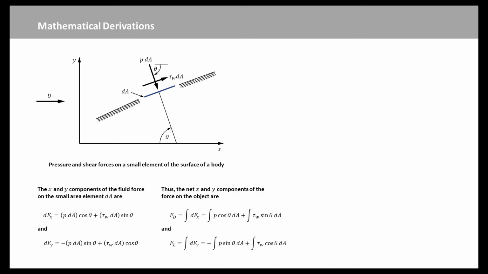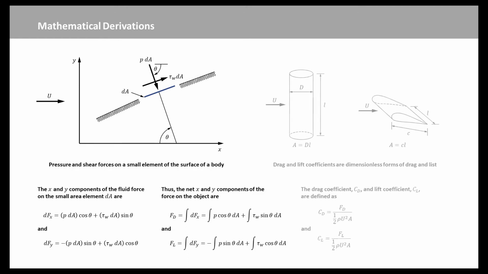The pressure distribution can be obtained experimentally by use of a series of static pressure taps along the body surface. Although the two equations are valid for any body, the difficulty in their use lies in obtaining the appropriate shear stress and pressure distributions on the body surface.